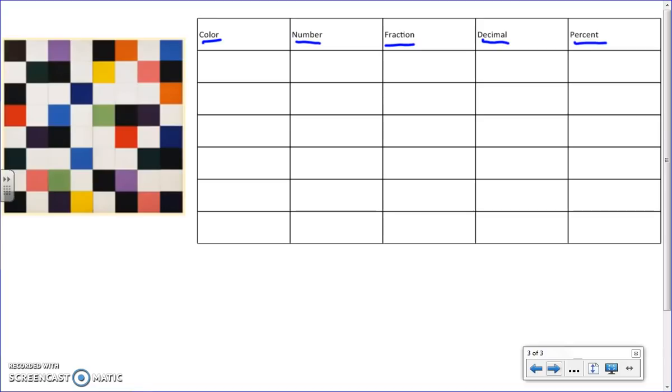Let's start with the color black. It's in the top left-hand corner, so we'll start there. When I look at the color black, I'm going to count up the number of squares that are black. I think we have a black and a gray, and it's really hard for me to tell, so we're just going to go with the best that I can figure out for the black squares.